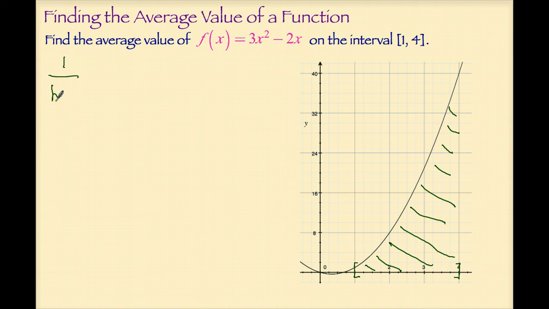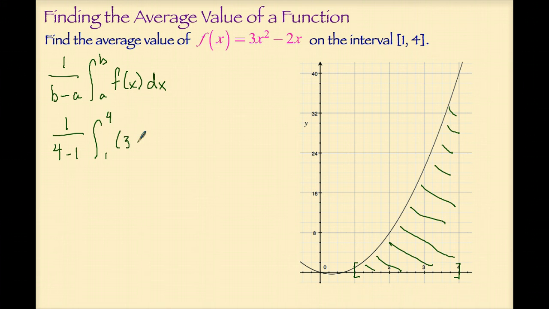Here's the formula that we'll be using. 1 over b minus a, basically 1 over the width of the interval, times the definite integral from a to b of our function. So in this particular problem, that's going to be 1 over 4 minus 1 times the definite integral from 1 to 4 of 3x squared minus 2x dx.